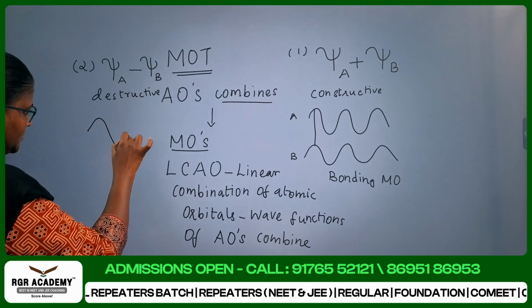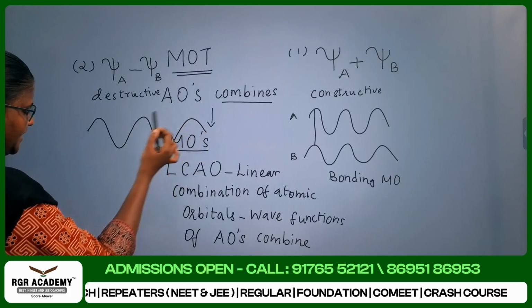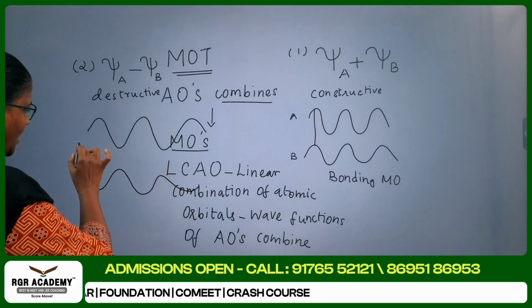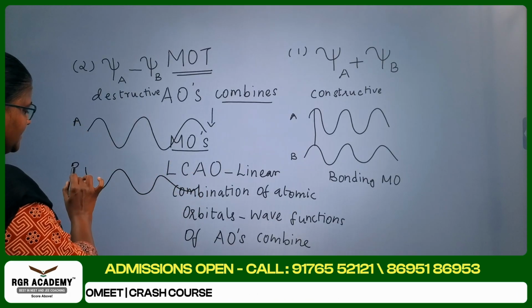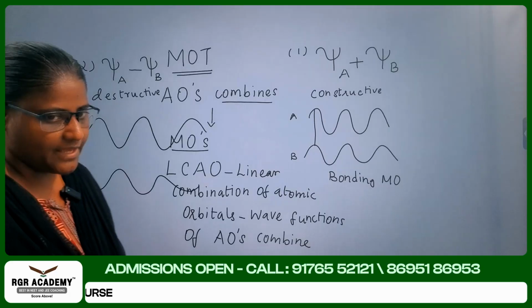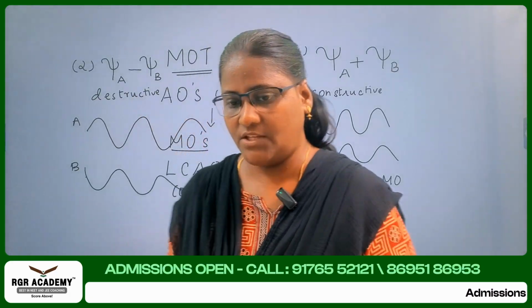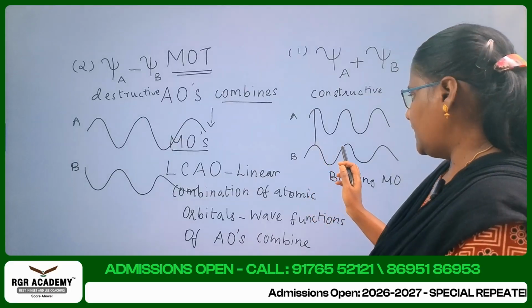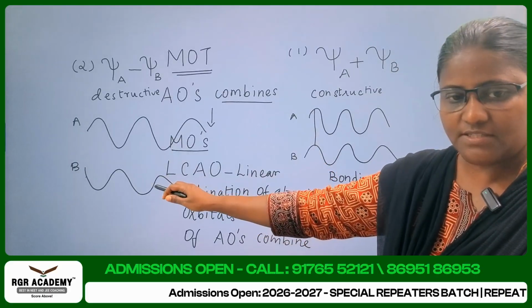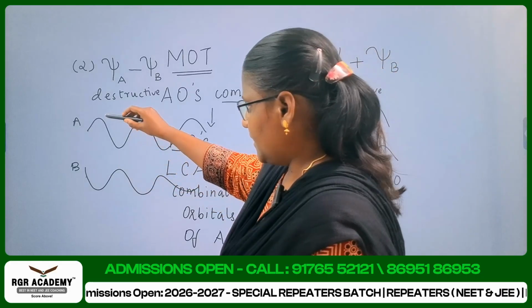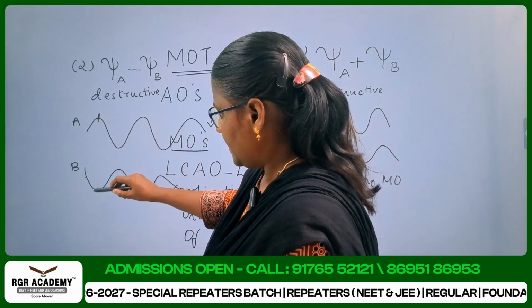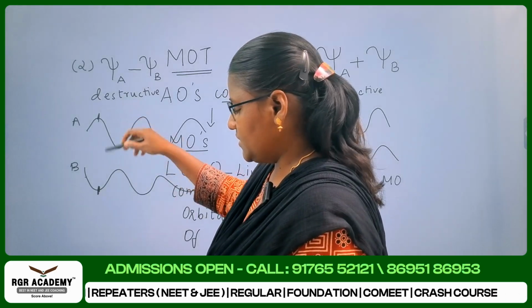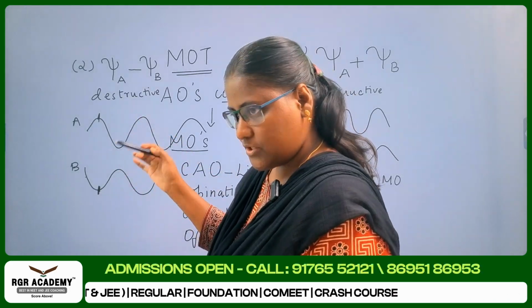For example, this is the wave function of A and this is the wave function of B. We represent these two waves as out of phase with each other. Here they are in phase, and here they are out of phase; they are not synchronizing. You can see the maximum of A is actually the minimum of B. So you don't have the probability of these electrons bonding together.